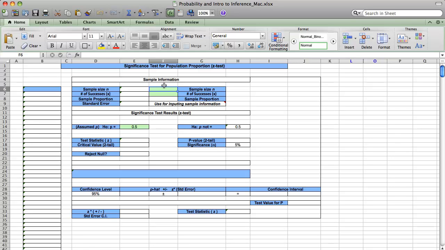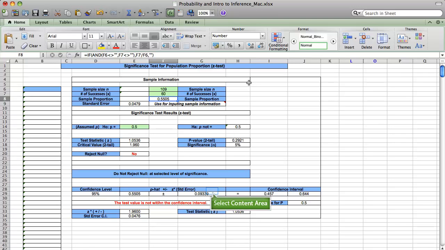For example, we currently have a sample of 109 cardholders. And of those 109, 60, or a proportion of 0.5505, are women. Our 95% confidence interval has a margin of error of plus minus 9.33%.